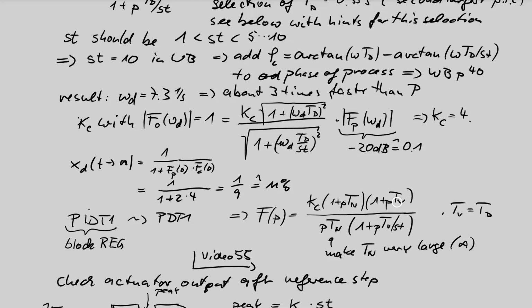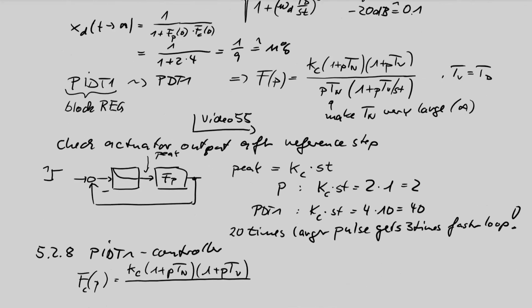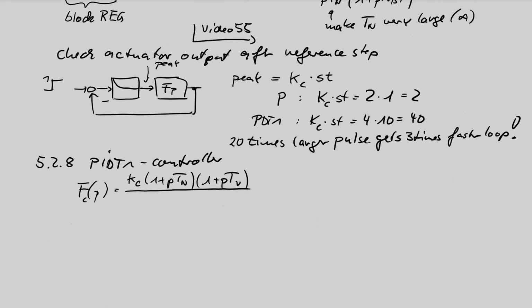TV here is the numerator second time constant, and here in PD we have called this TD. Note that they should not be mixed up. In the denominator, the left is the PI part, and the right is the PIDT1 part.